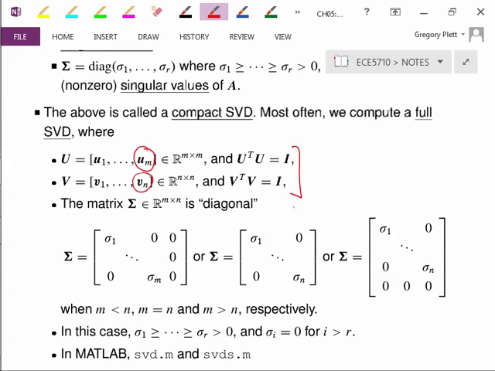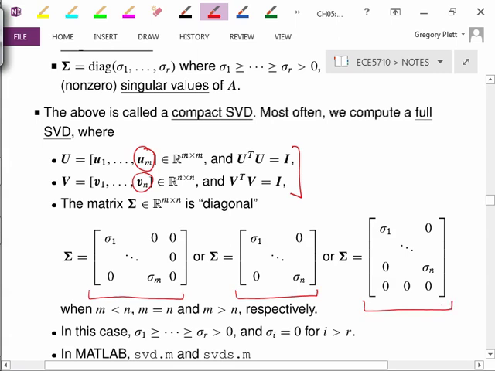And so sigma could be a wide matrix, it could be a square matrix, or it could be a tall matrix. If sigma turns out to be a wide matrix, then the first block section is a diagonal matrix containing the values sigma 1 through sigma m.